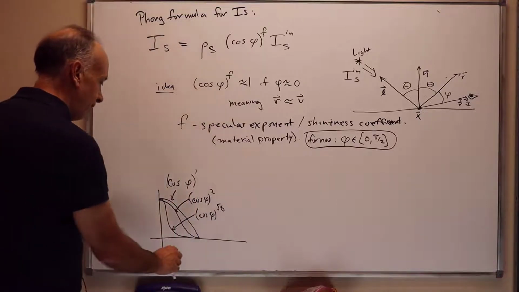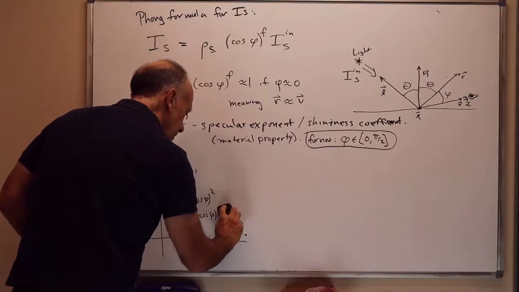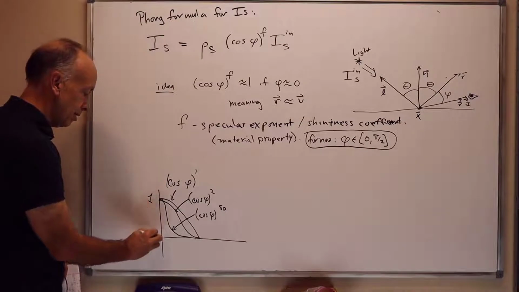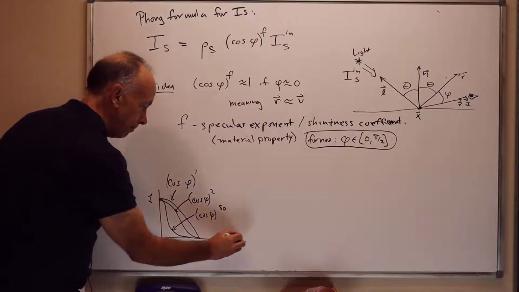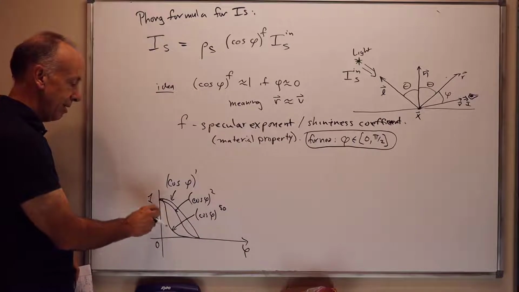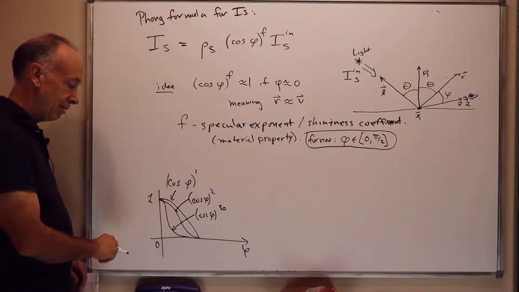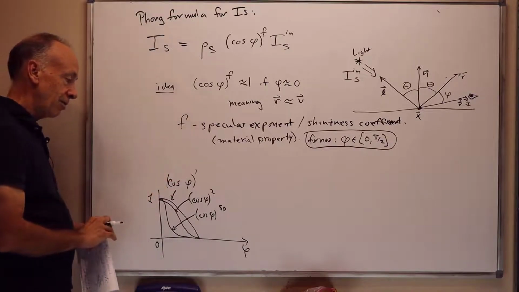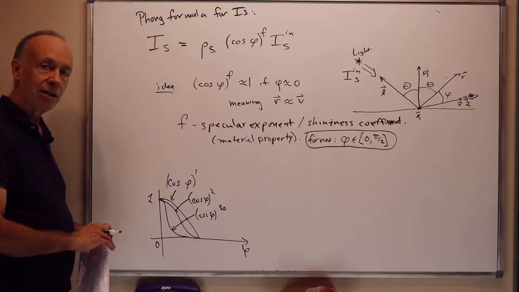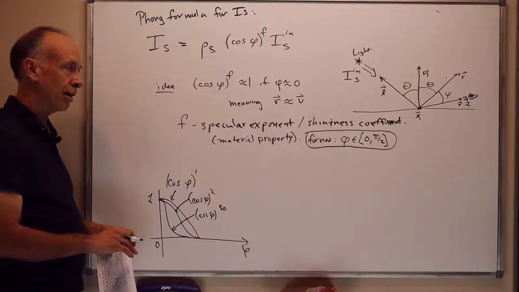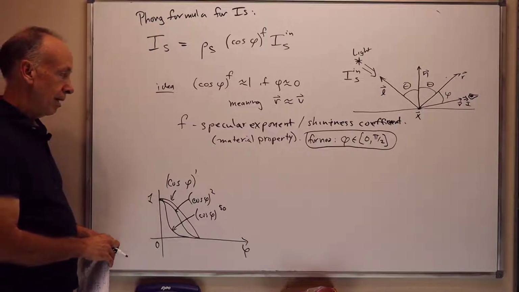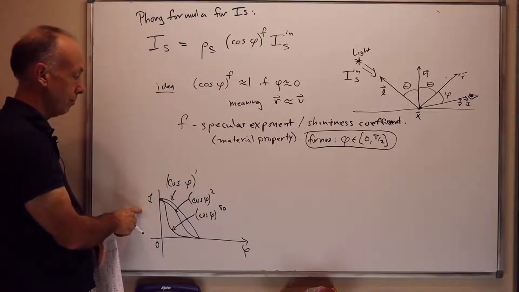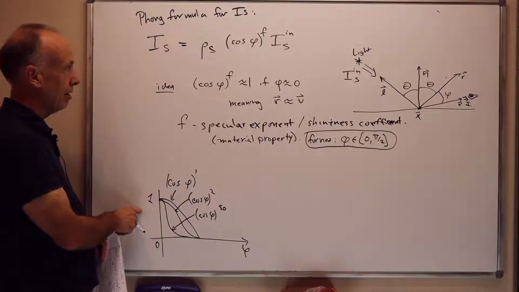So what happens is as f gets bigger, the cosine function turns into something that's very close to 1 at phi equals 0. Think of this as the phi axis there, and drops rapidly to 0. If f is small, then the cosine function, cosine phi to the f, is a broader function, allowing reflection to spread out over a wider range. And so this is how the f function controls the size of the specular highlight.